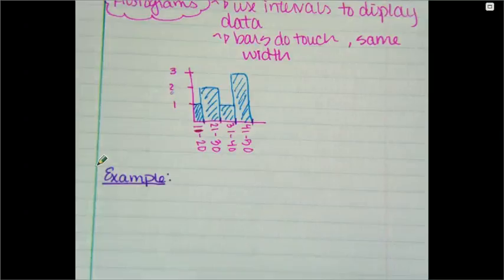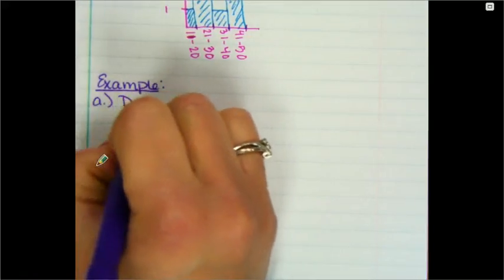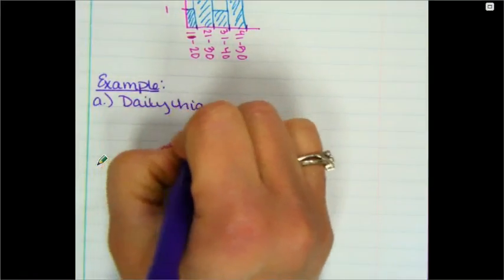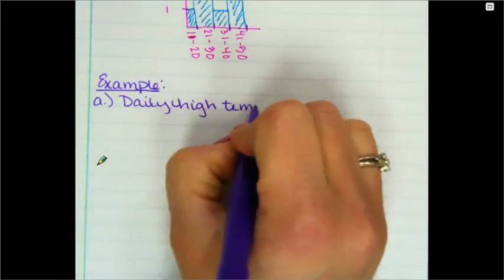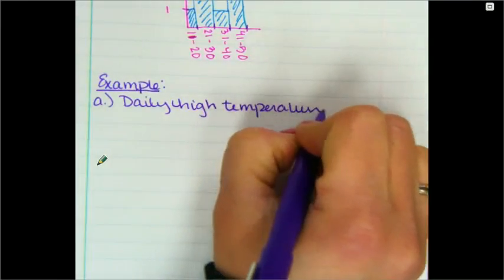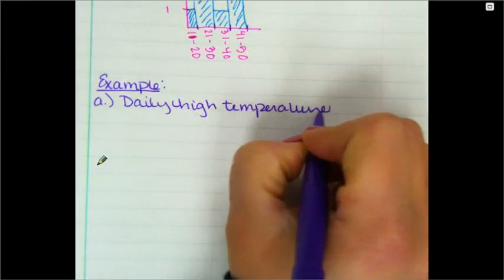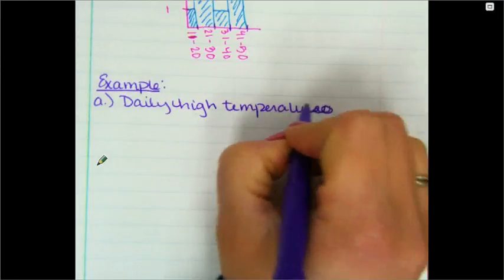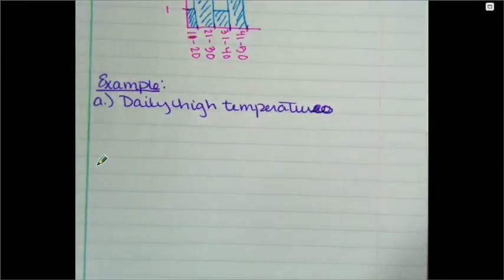I'm going to give you a whole bunch of numbers to write down. Our problem is talking about daily high temperatures. Daily high temperatures.